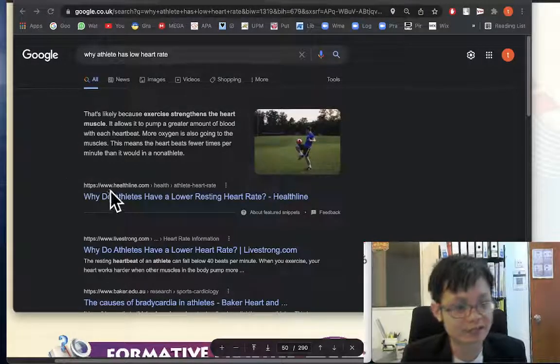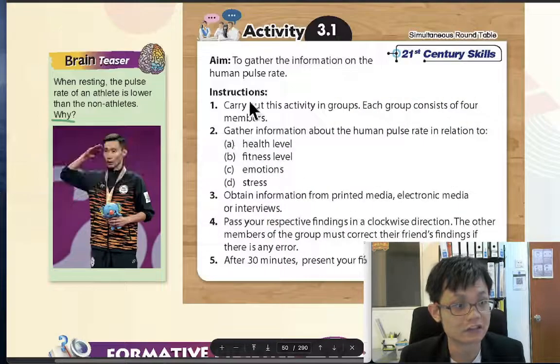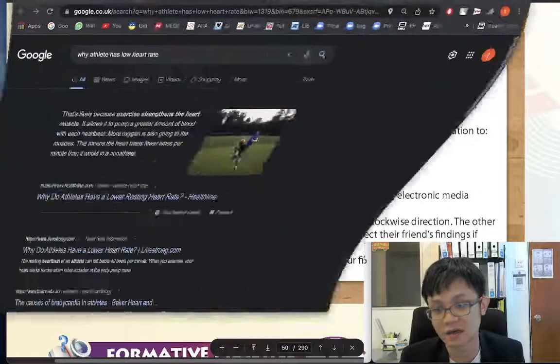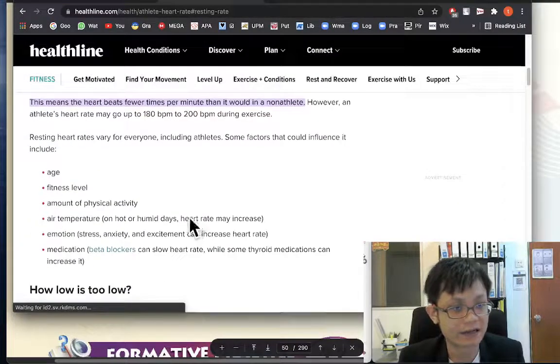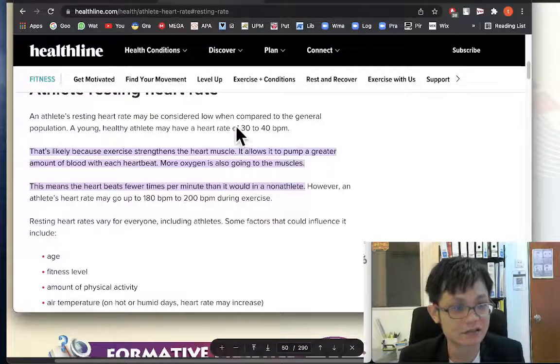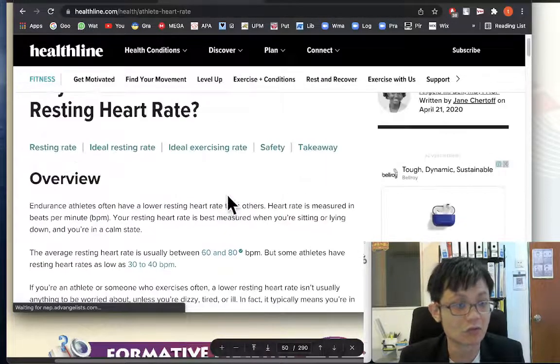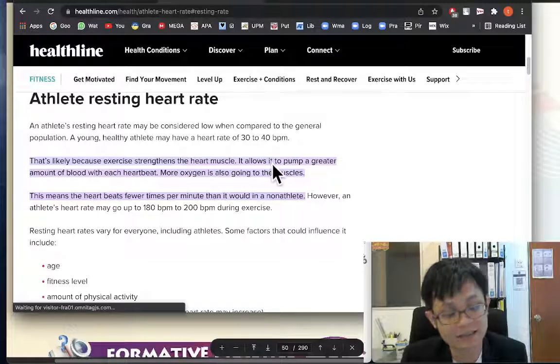And if you always exercise a lot and your pulse rate is low, it means you are a healthy person. So you can see that our normal heart rate is above 60, and their heart rate is 30 to 40, very healthy. 30 to 40 if you always exercise.